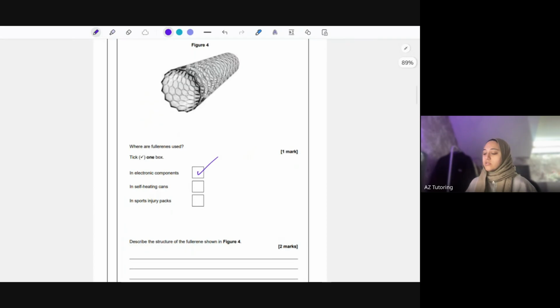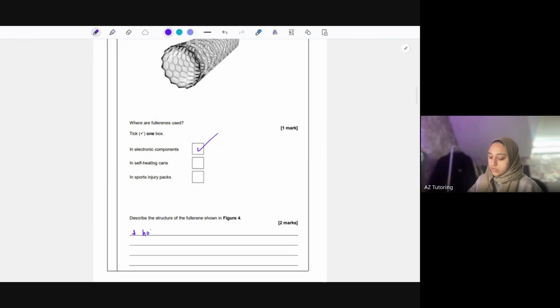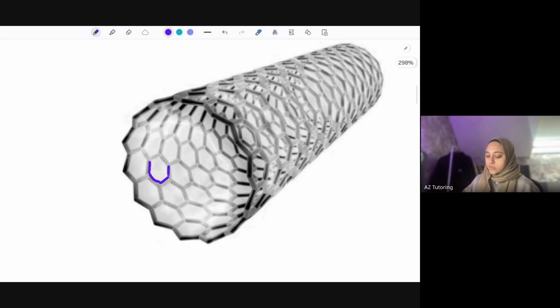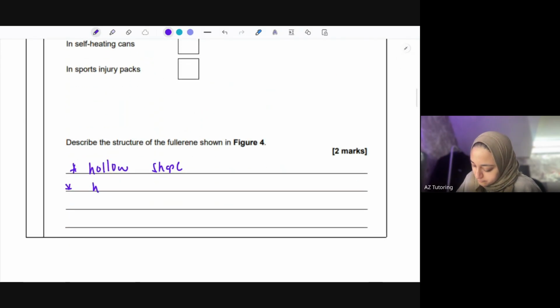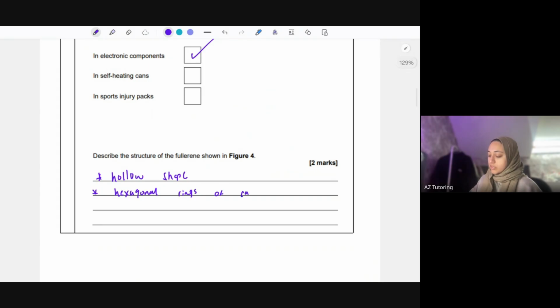As you can see, it's got a hollow shape going straight through it, right? So we can say it's got a hollow shape. What's another structure that you could see? Well, you can see each of them has that hexagonal ring structure as well. So we can even say that: hexagonal rings of carbon, because it's made up of carbon.